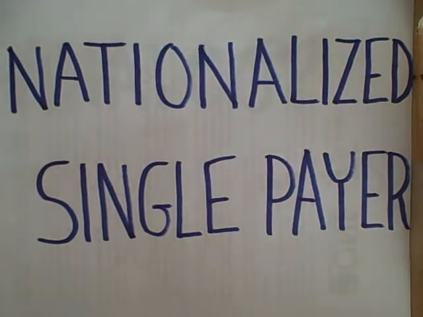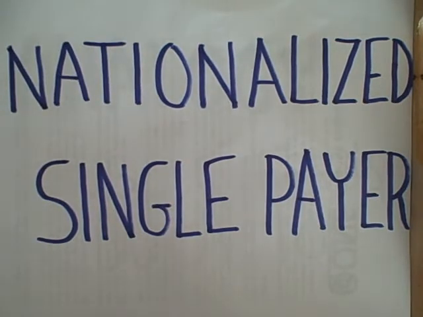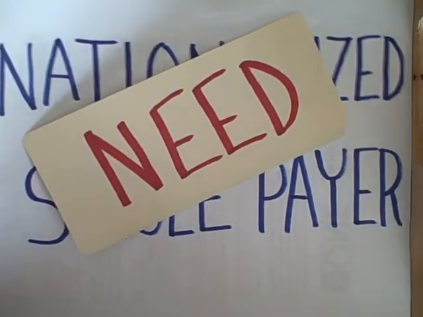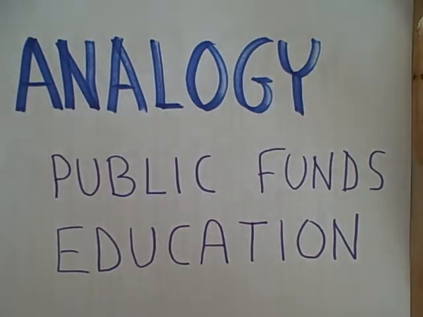Let's take an example of nationalized single-payer health care. How might we use analogies to support the affirmative case for a plan of national health care? Well, one issue we would have to look at would be whether or not there is a need for such a program.